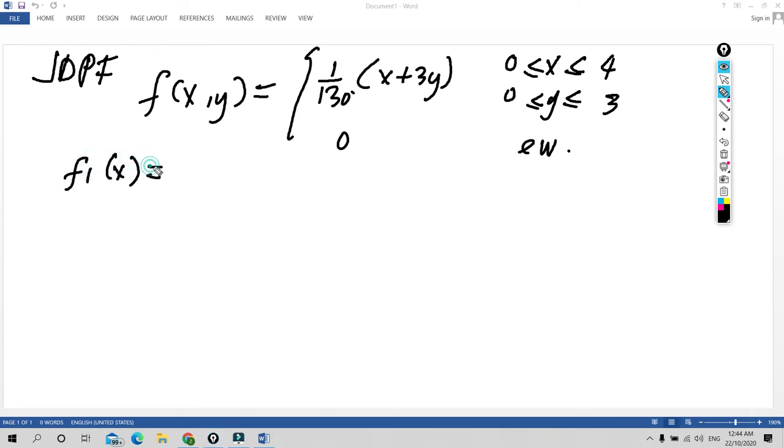I want to find MOX, or f sub 1 of x. By definition, f sub 1 of x is equal to the summation for all y of f(x,y).